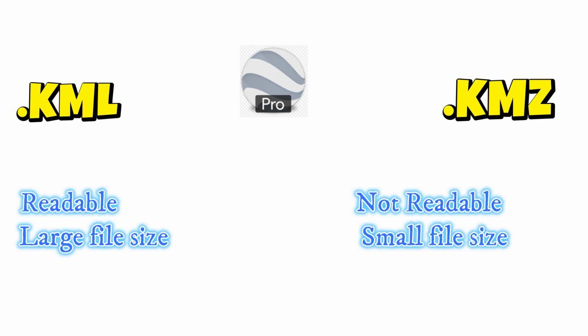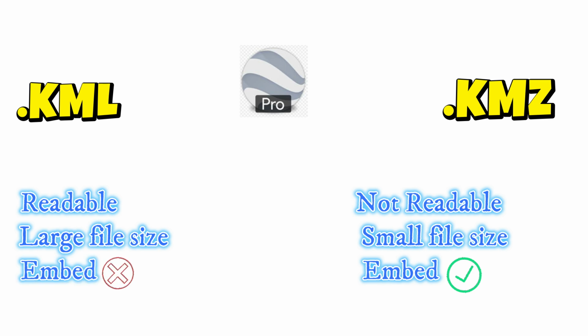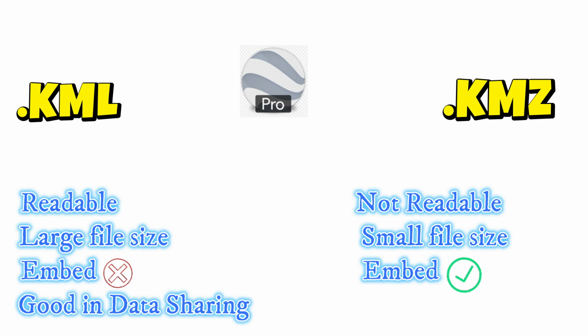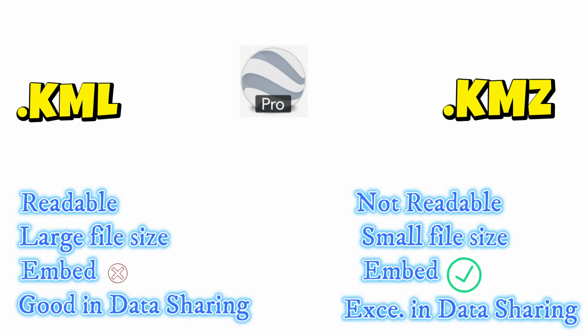You can also embed files and images into KMZ, but you cannot embed your data into KML. But online links are supported in KML. Also, data sharing is good in KML, but it is excellent in KMZ.